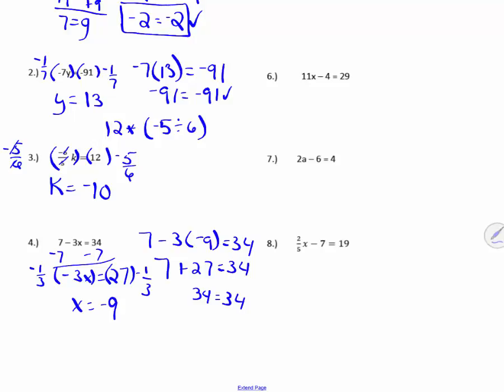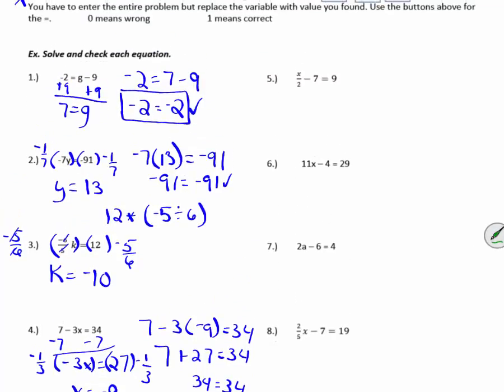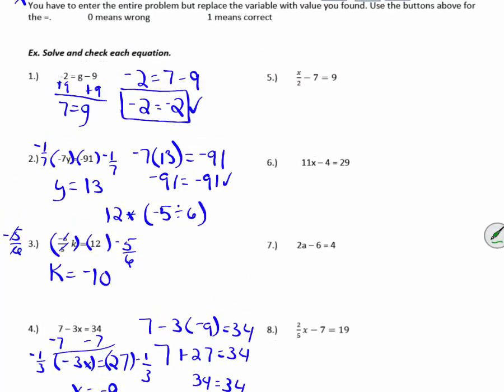Okay, next problem. So x over 2 minus 7 equals 9. So there's my variable. I'm going to cancel the 7 first. So x over 2, I had to add it because it was being subtracted. It's going to give me 16. The reciprocal of x over 2 is 2 over 1. When you're doing the reciprocal, you do not include the variable.